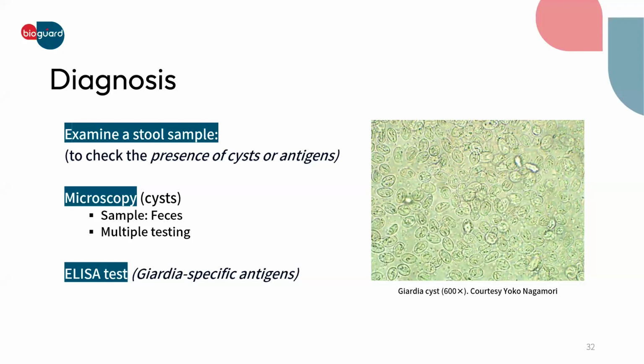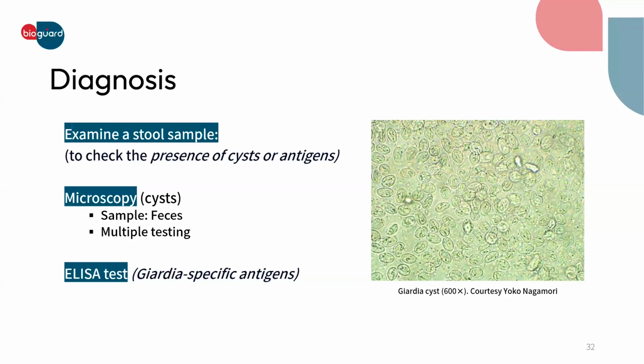Or the shedding of the cyst is not yet happening. There's already an infection, however, you cannot see the cyst in the feces, so you need to do multiple testing again and again for the microscopy to actually detect the Giardia cyst inside the feces.